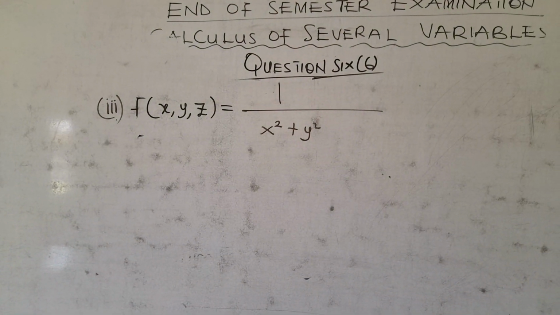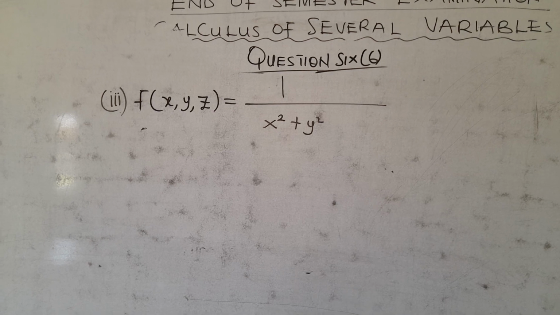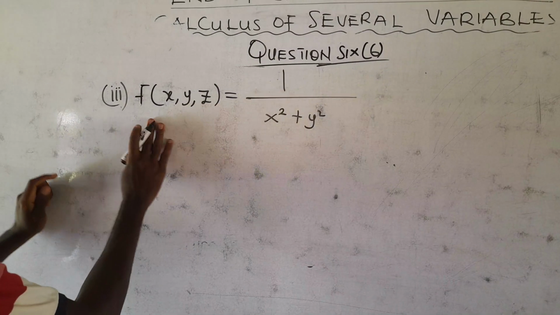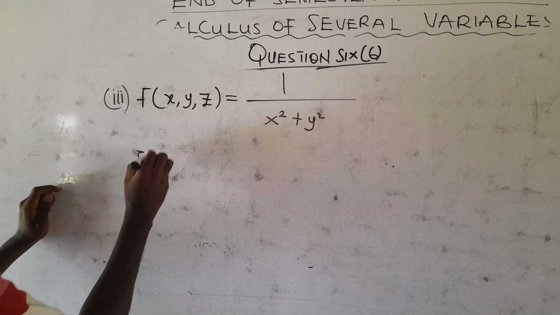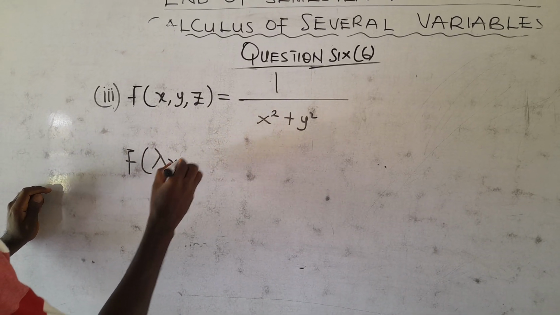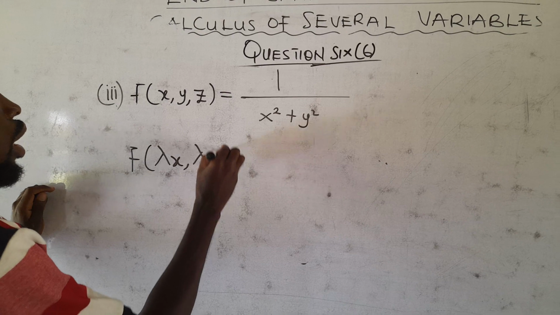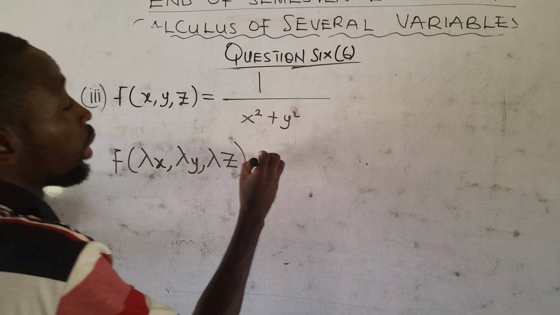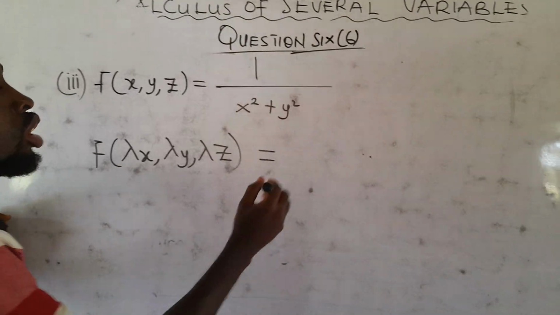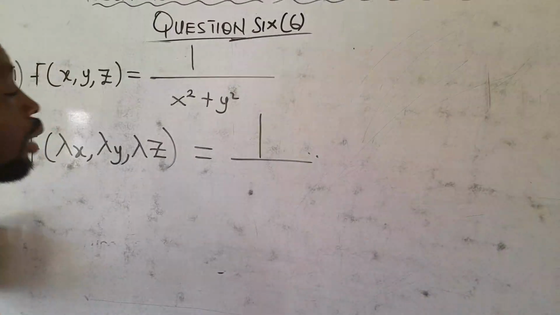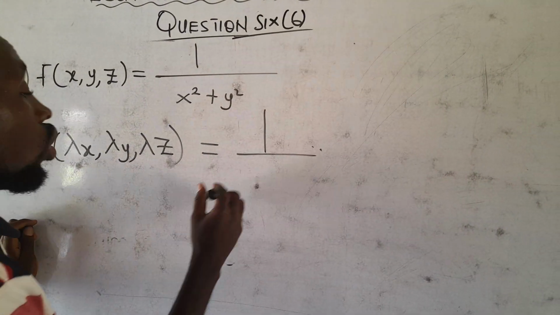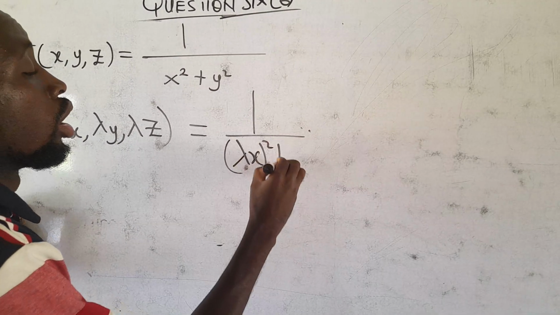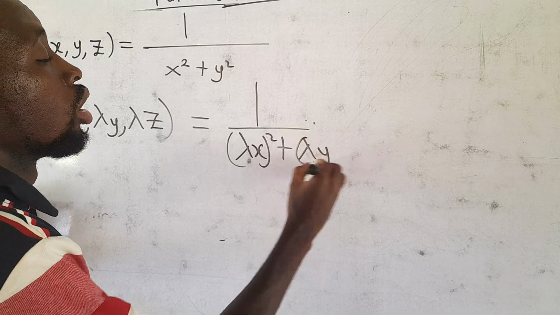So our third function is f of xy is equal to 1 all over x squared plus y squared. So we use Euler's theory of homogeneous functions, which says that we should introduce a common parameter lambda to affect all the independent variables. Here too, there is no z, so we will not substitute the lambda z. So this will be 1 all over lambda x all square plus lambda y all square.